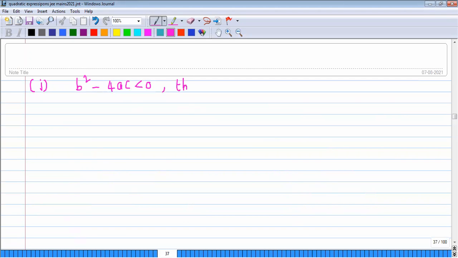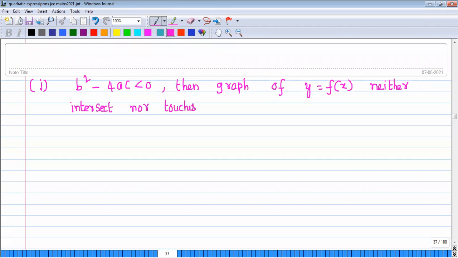Then the graph of y is equal to f of x, where f of x is ax square plus bx plus c only, neither intersects nor touches the x-axis. b square minus 4ac less than 0 means the roots of f of x is equal to 0 are imaginary.